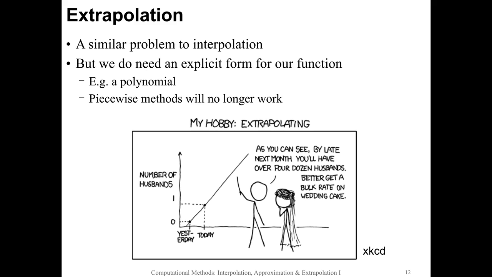And in that case, what we're going to need is an explicit form for our function, like a polynomial with some parameters that we can evaluate anyway. The piecewise methods we've looked at won't work anymore, because piecewise methods tend to be fitting functions only for subintervals of our original data. And that means that they're restricted to the range of the original data.